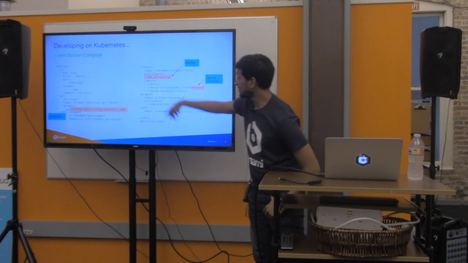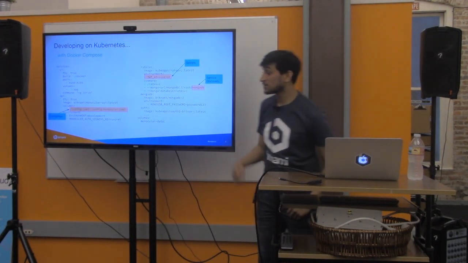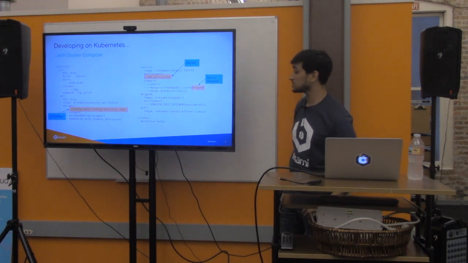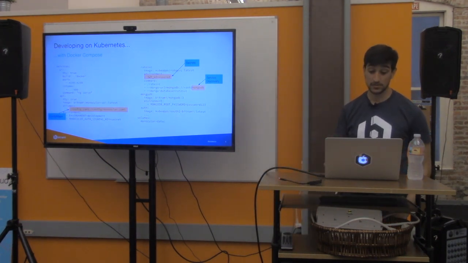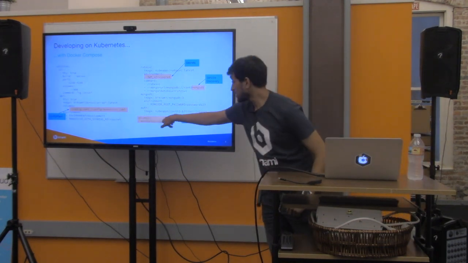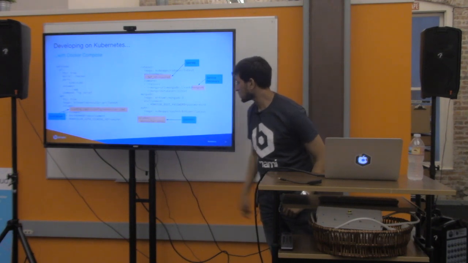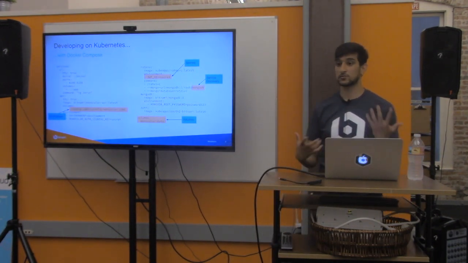In Docker Compose, each of the labels are the names of the services, and you can just use the service discovery that Docker gives you to find those and connect to them. And also volumes. Here I've got an empty data volume that I can reuse, so if I restart the container, I have all the data that's in there.